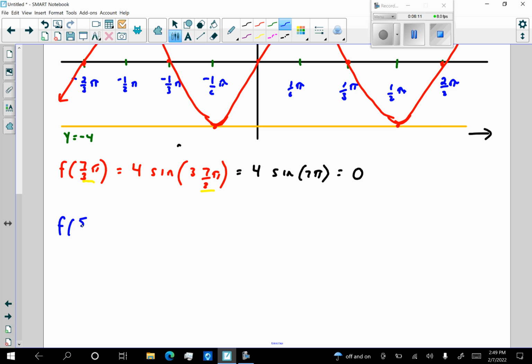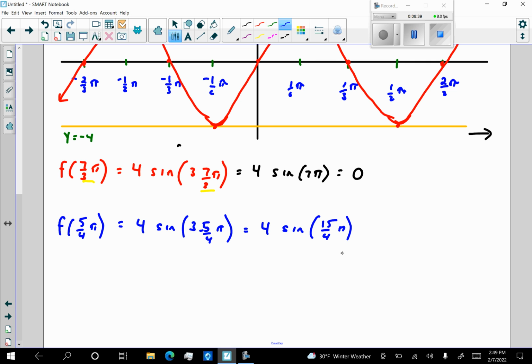All right, so let's find f of 5/4 pi as well. F of 5/4 pi, that's going to be 4 times the sine of 3 times 5/4 pi. 3 times 5/4 is 15/4. So that's going to be 4 times the sine of 15/4 pi.